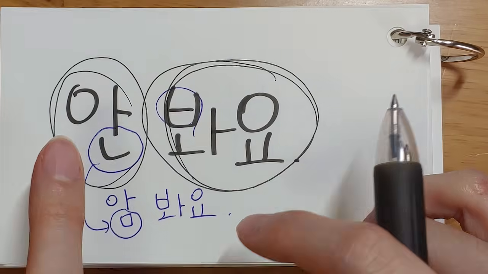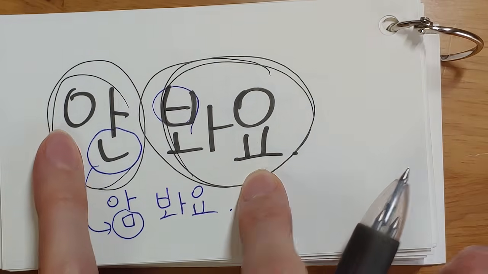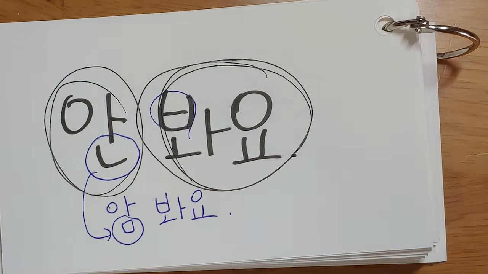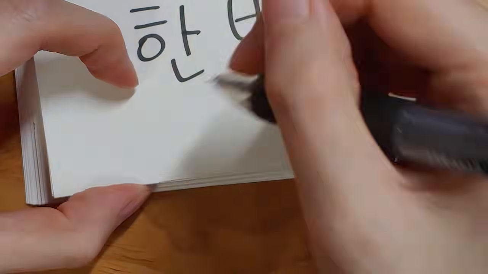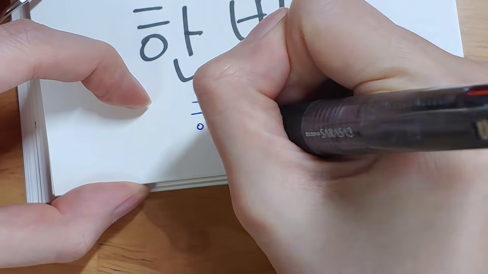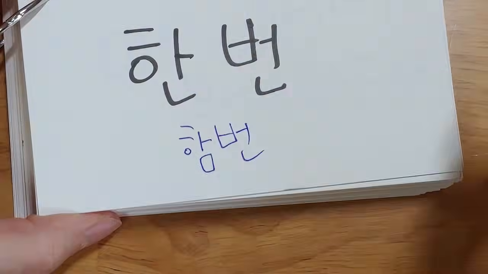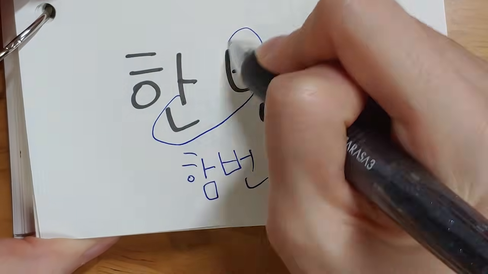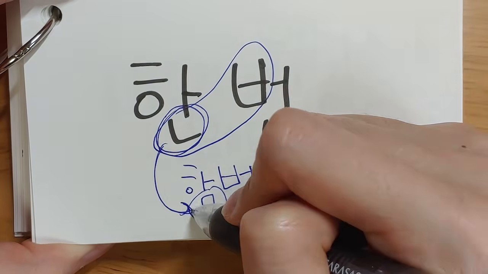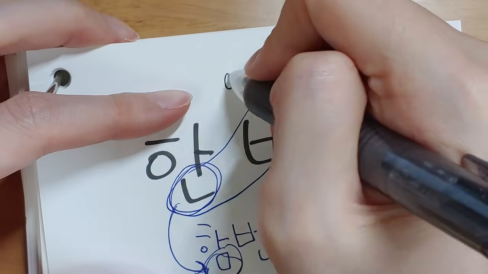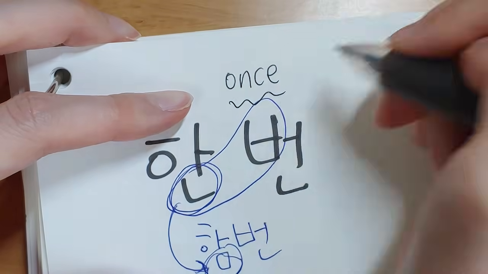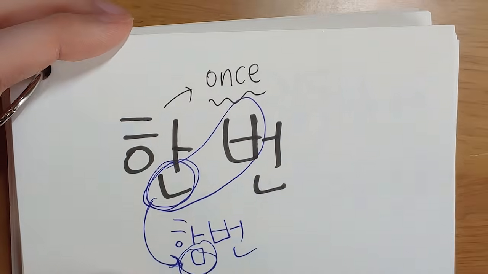So it means I don't watch, or I don't look, or I don't see. 안 봐요. And 한 번. It's pronounced like 한 번. Got assimilated to ㅁ, right? 한 번. And 한 번 means once. Although not always, usually it means once.